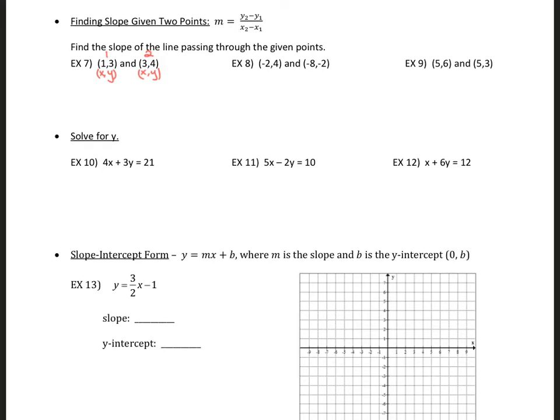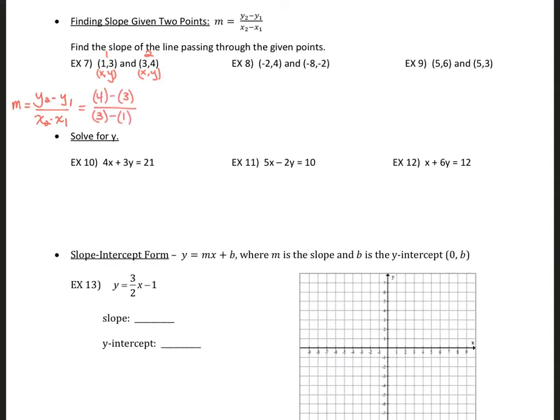For this ordered pair, I have the x value for the second point and the y value for the second point. That's how I'm going to keep all this straight. So the equation looks like this, and I encourage you to write it down every time you work through an example. So there it is, and I'm going to just plug in the numbers.